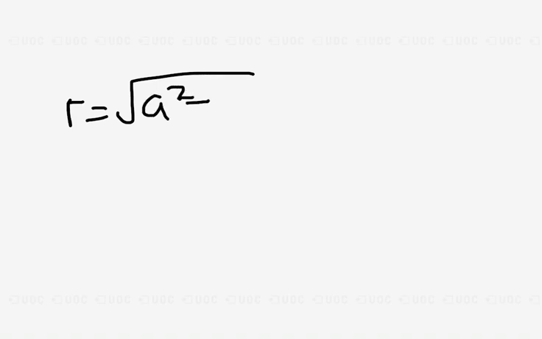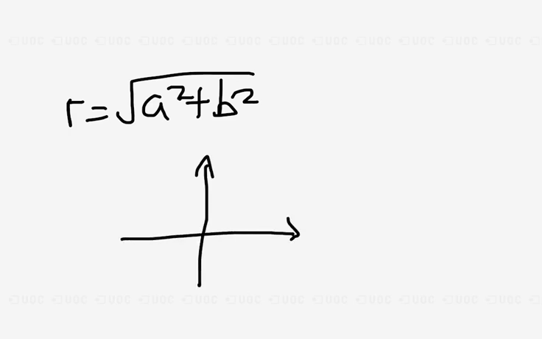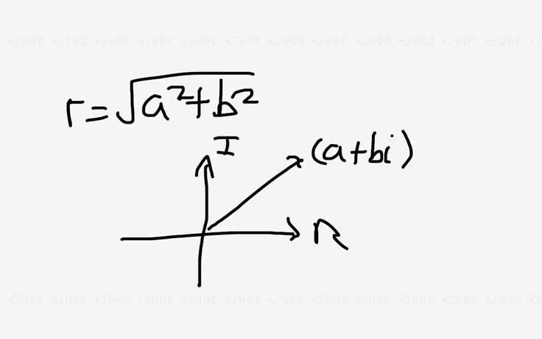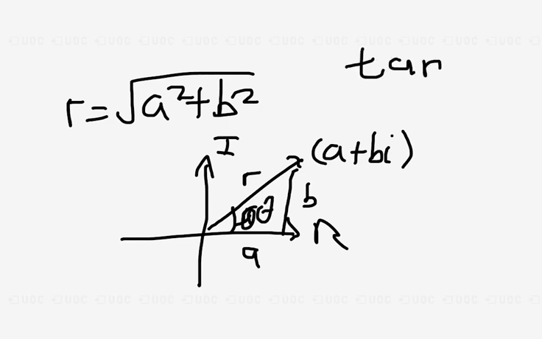Then over here I have a+bi, my imaginary and real axes, and my r. Now what is theta? We know this part is b, this part is a. Using SOHCAHTOA, the tangent of theta is the opposite over the adjacent, so tan theta is b over a.